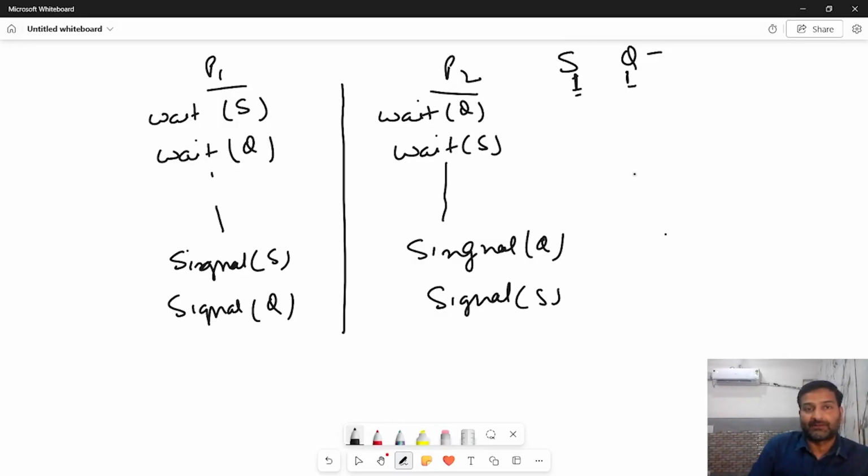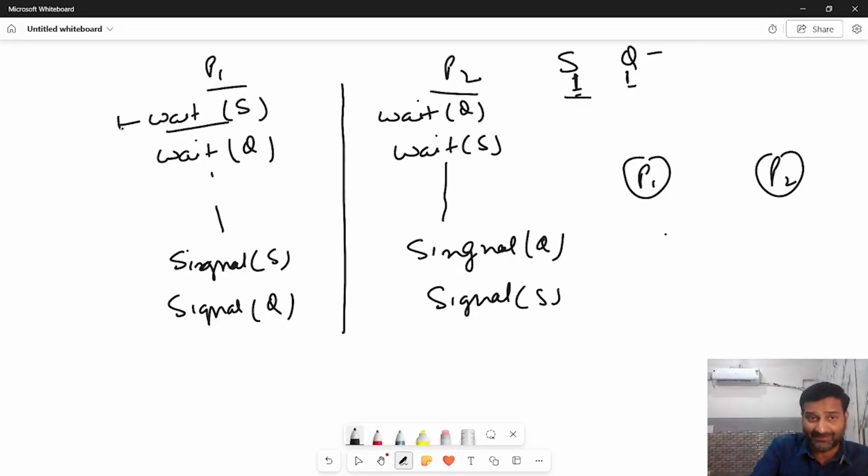This is process P1 and this is process P2. Initially, wait S means S will be granted to process P1, because the semaphore value is 1, and it will decrement the value from 1 to 0.